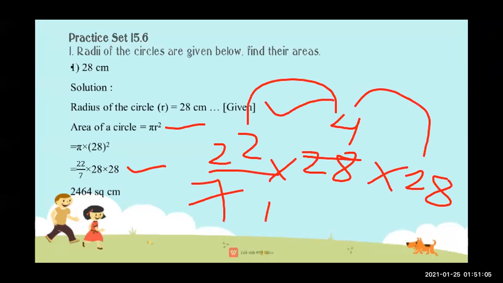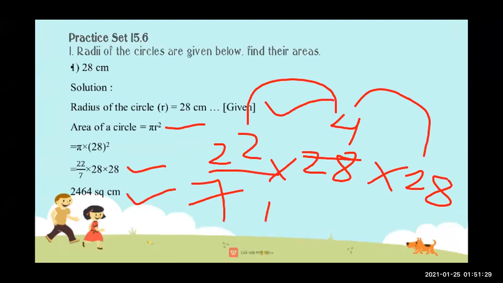Very good, Nishant, very nice. It will be 2464. Very nice. That means the area of a circle is 2464 square centimeter. So this is our first answer.